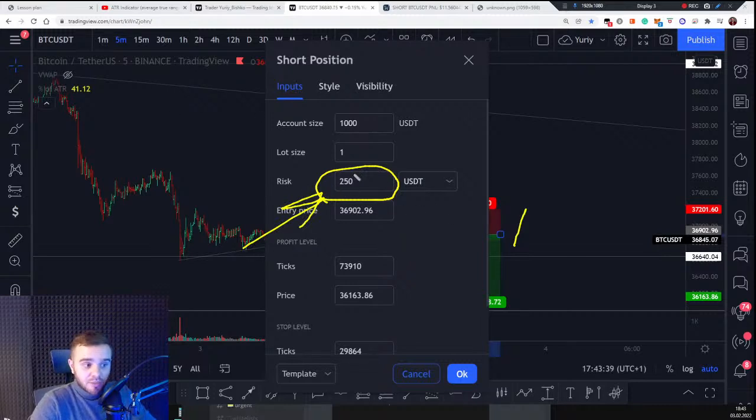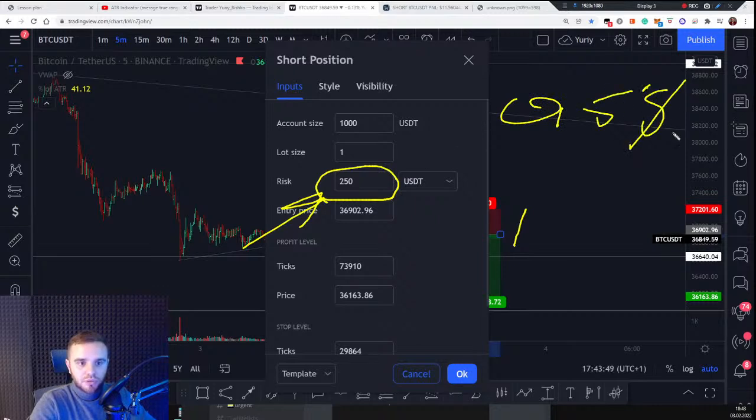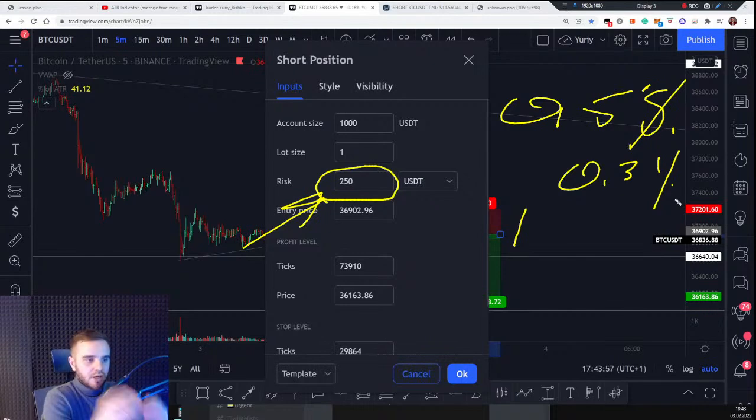It is less than 1% of my account, far less. I like to trade when my stop loss size is 0.5%, compared to my whole entire account, 0.3. Why? Because emotionally I care much less about it than if I would put, for example, 10% of my account.